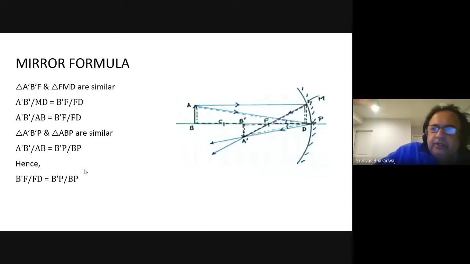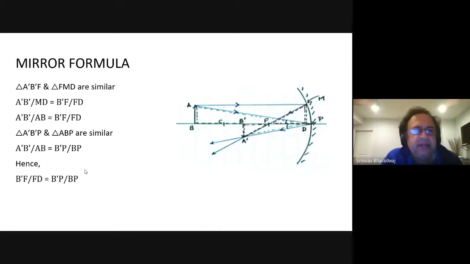He is using similar triangles. He is saying that the triangles ABF and FMD are similar.